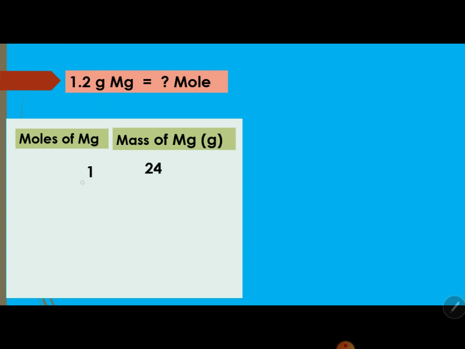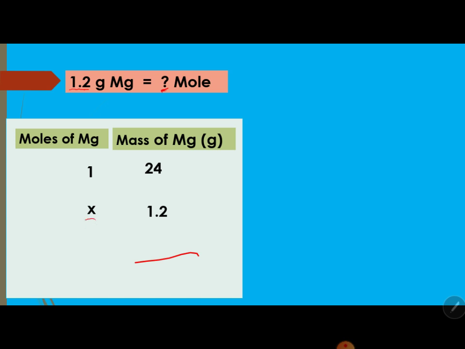It means that 1 mole of magnesium is equal to 24 grams of magnesium. For the second line, we will pick the values from the data. Moles of magnesium are unknown, so we will write X in the first column, and in the second column we will write the given quantity of magnesium, which is 1.2.